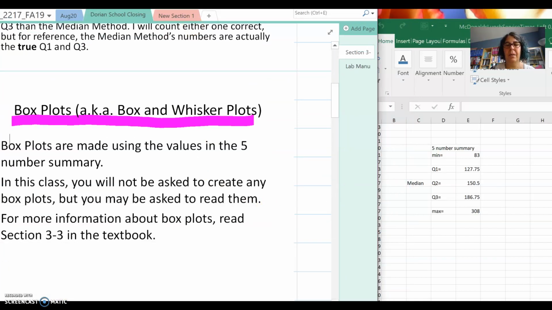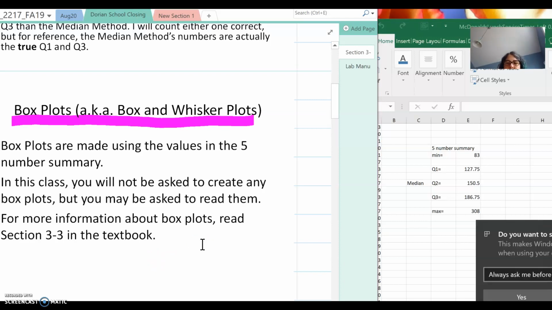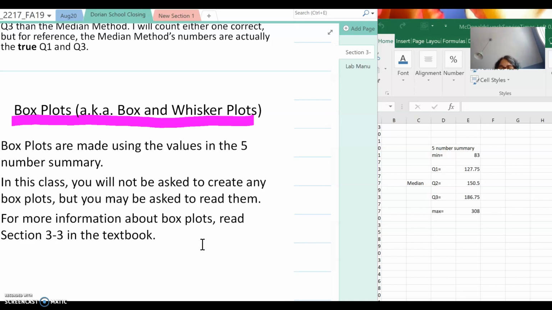Okay, and I'm going to use these numbers here on the screen to draw the box plot. So I'm going to start with the median. The median is Q2 here, and the value is 150.5.